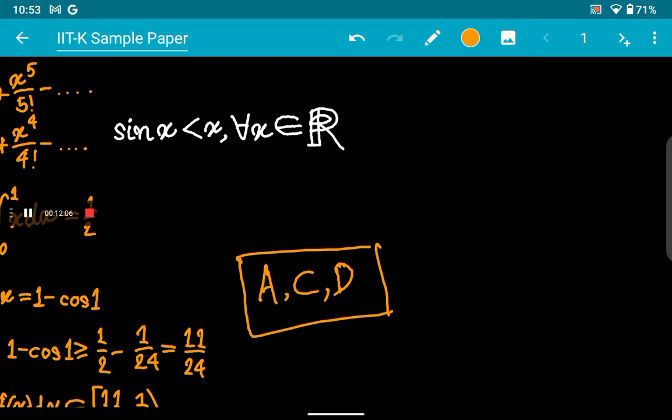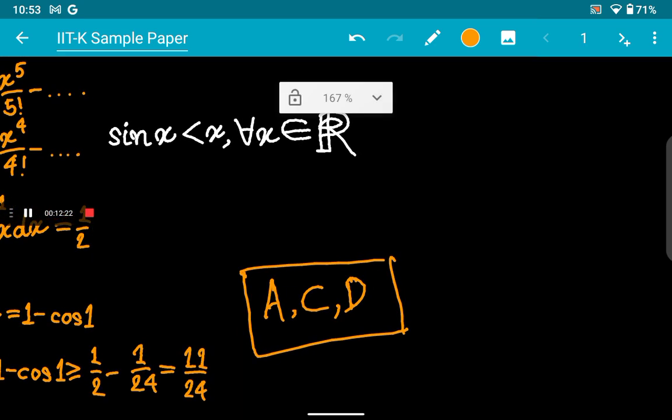You revised all of your concepts doing this question or watching this video: limits, differential equations, maxima and minima, Taylor series, the rule that the integral of f x is less than the integral of g x, and also a little bit of definite integrals. That is almost 5 to 6 concepts inside one question.